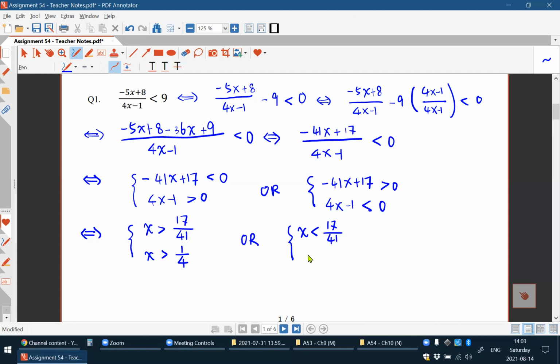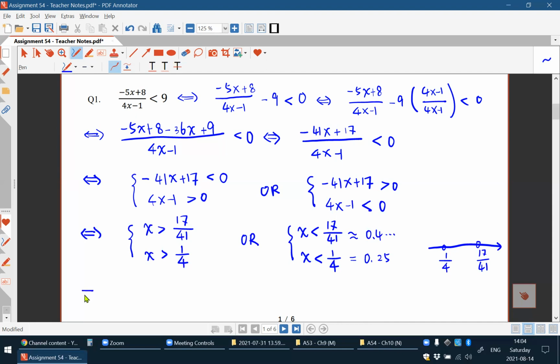And x should also be less than 1 over 4. Now we need to compare which number is larger. So 17 over 41 is about 0.4 something, right? And 1 over 4 is exactly 0.25. So which one is larger? Of course, 17 over 41 is larger, right? And this is 1 over 4.